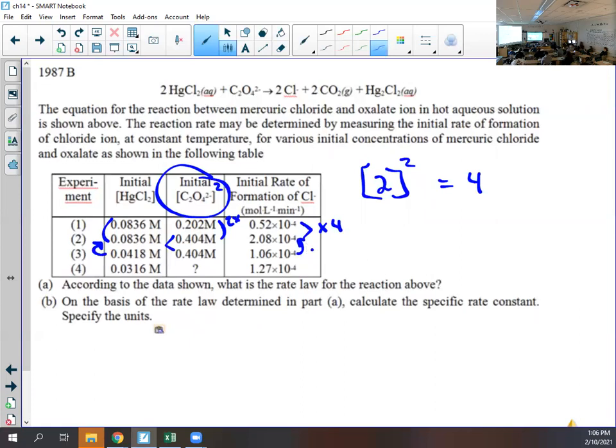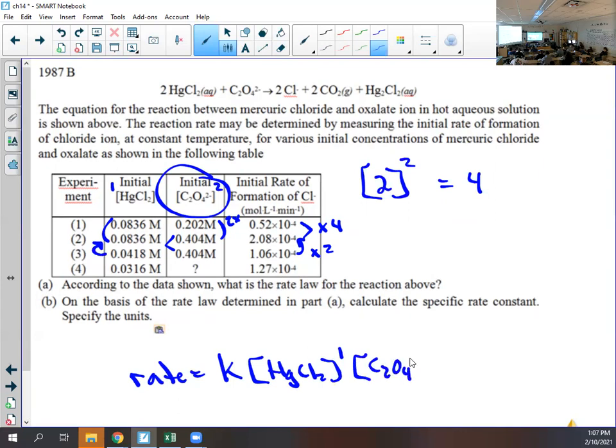So when it went up, it roughly got 2 times, so that'd be a 1. So pretty quickly, we now know the rate is equal to K times HgCl2 to the first times C2O4 2 minus to the second. This is my rate law.